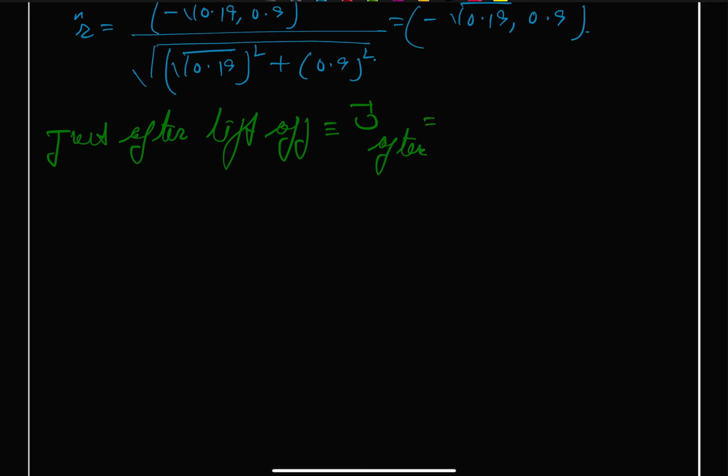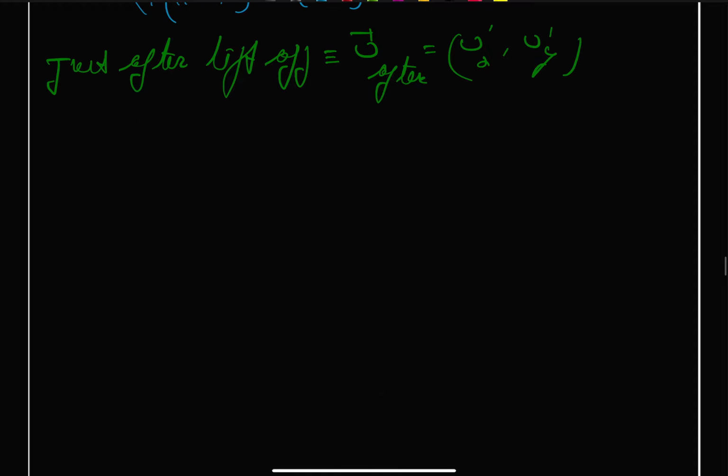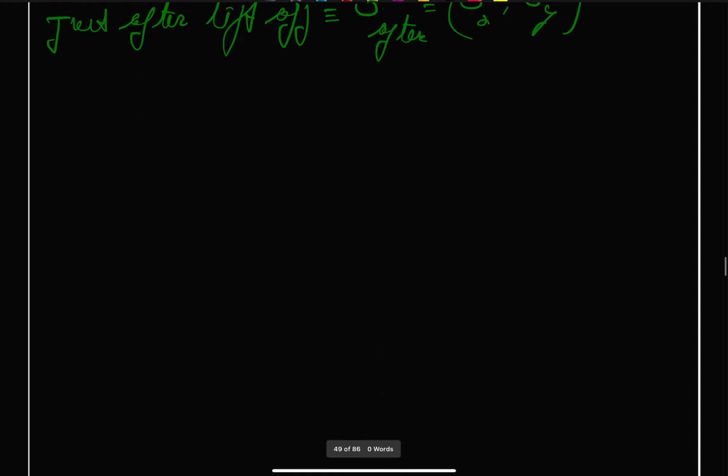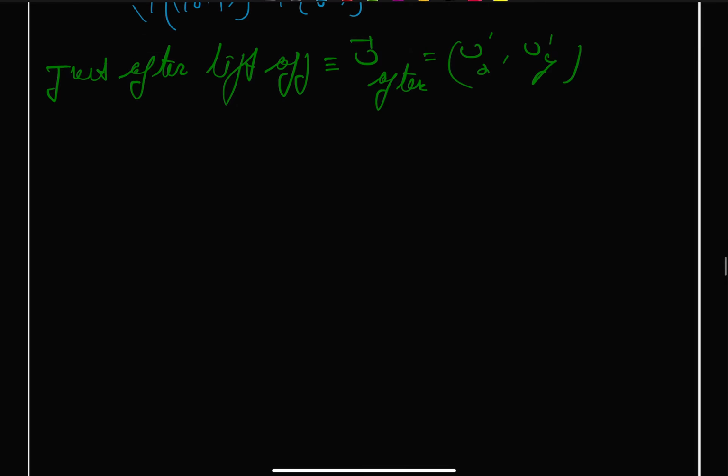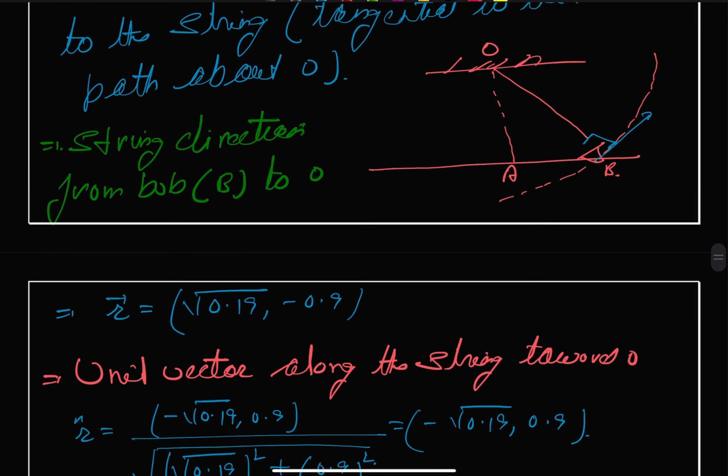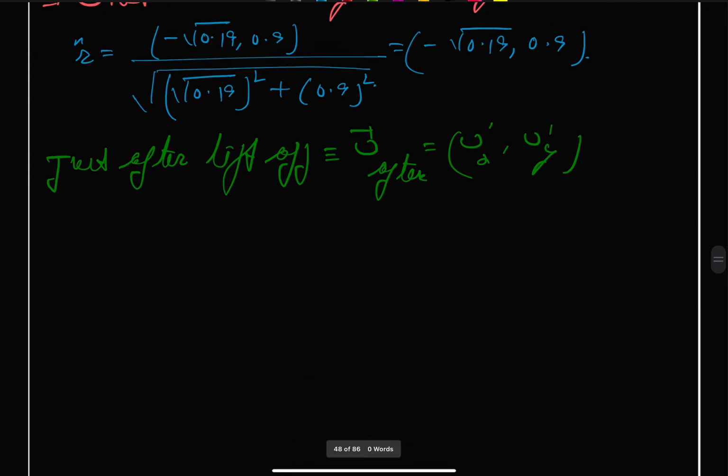It is going to have two components. In x direction, let us suppose vx prime, in y direction our vy prime. Okay. And this v after is perpendicular to the string, so the dot product in the string direction will be equal to 0.